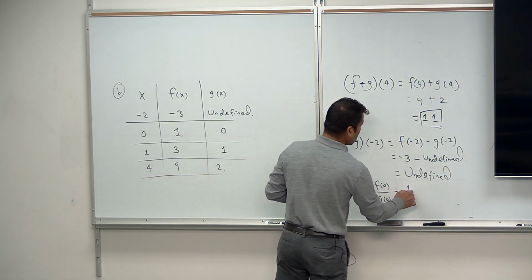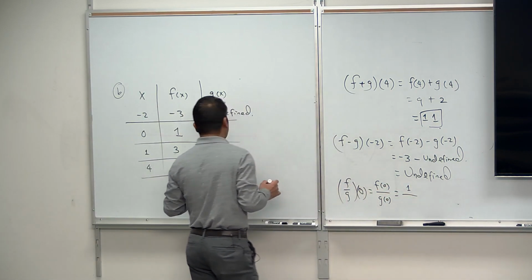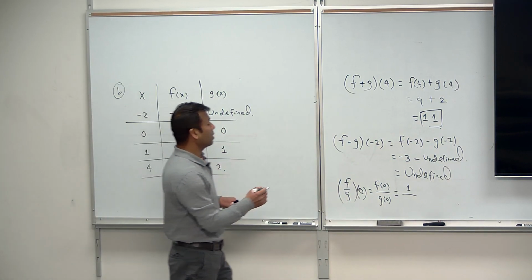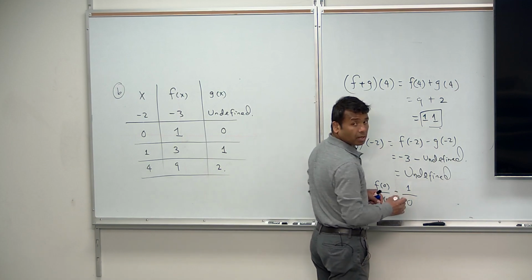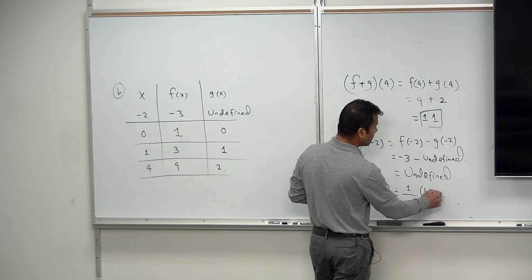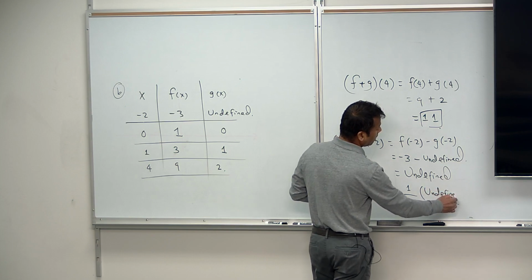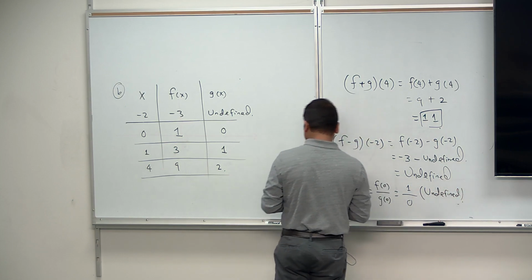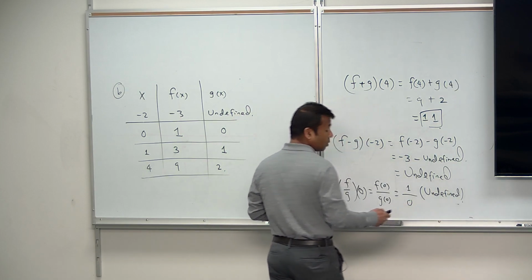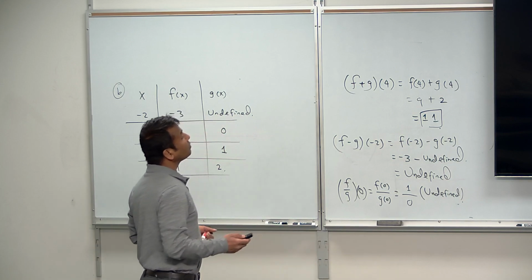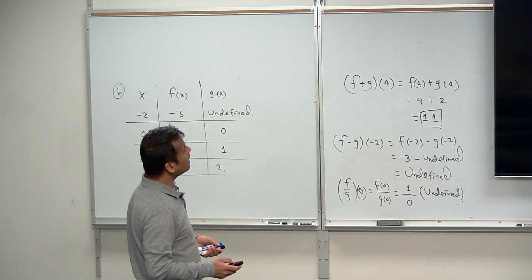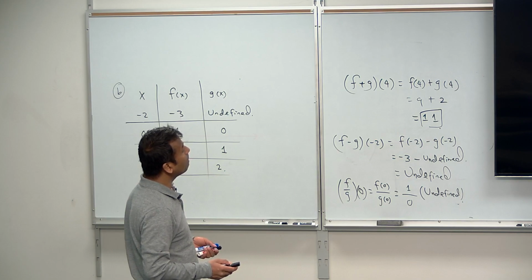And over, so what is the value of g when x equals 0? 0. So what is 1 over 0? This is undefined. Are you guys with me? Okay, so we did this one, right? You see that?